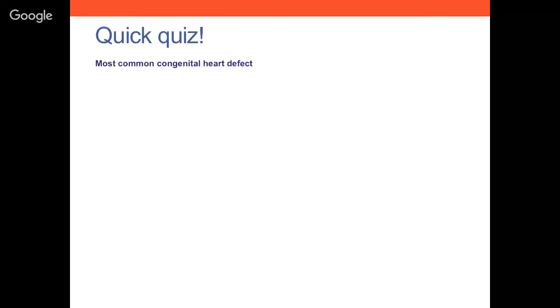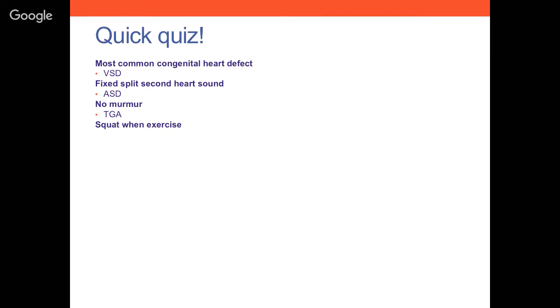So what's the most common congenital heart defect? Beautiful. Split second heart sound. Yeah, ASD. Yeah, brilliant. No murmur? Yeah, TGA. Squat when exercising. Yeah, tetralogy of Fallot.